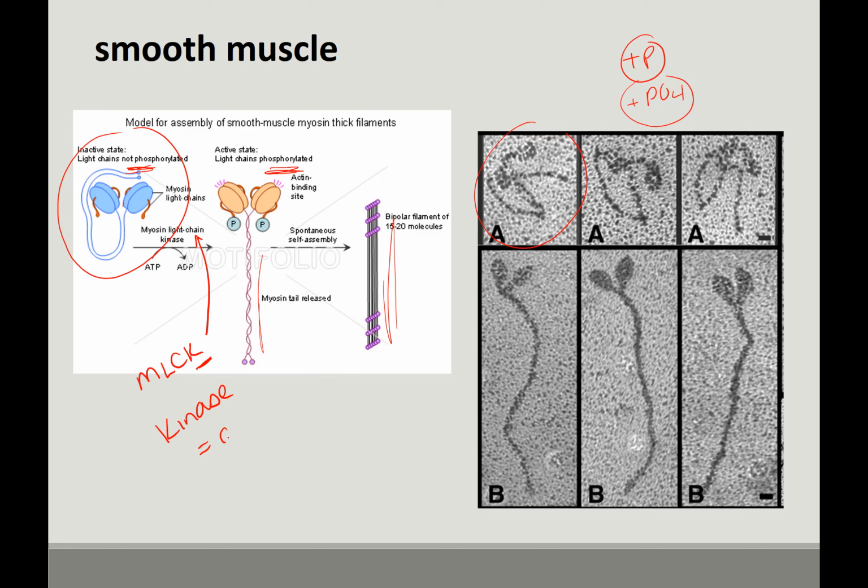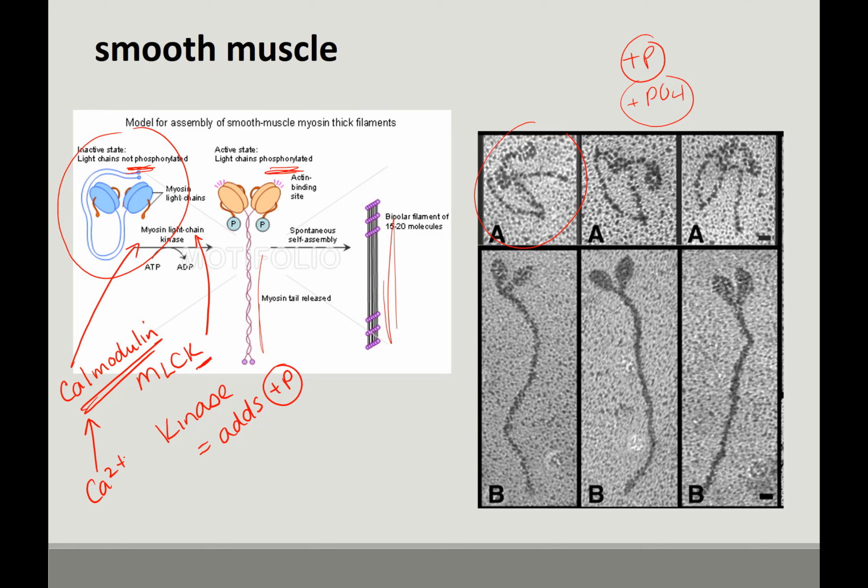Kinase is a protein that adds phosphate groups. This kinase is under control of a protein called calmodulin. Calmodulin is under control of calcium. So all of our muscle contractions are regulated by calcium.